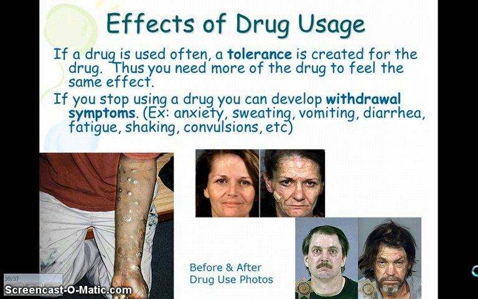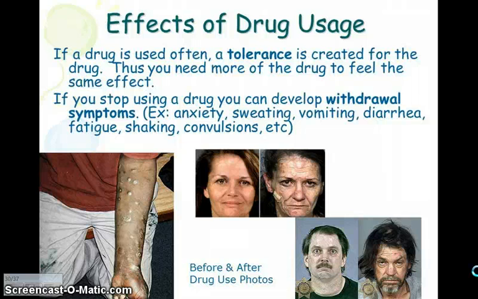Effects of drug usage. I think you guys are probably used to these two terms. These are ways that the body can react to various drugs. If a drug is used consistently or very frequently, the body can build up a tolerance to that drug, meaning that it takes more and more of the drug to have the same impact on you.